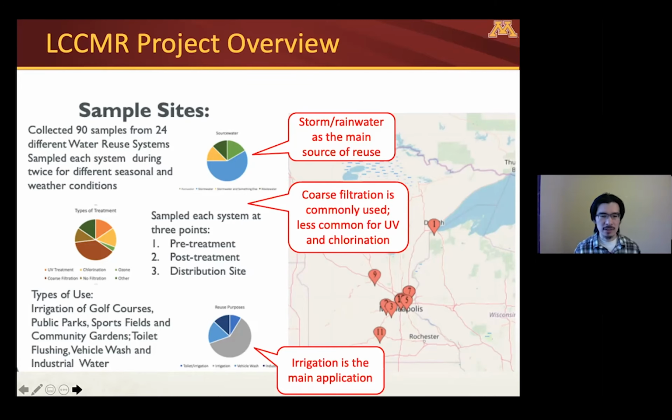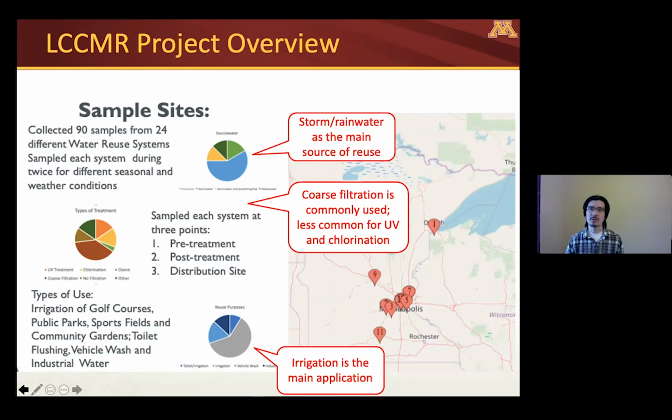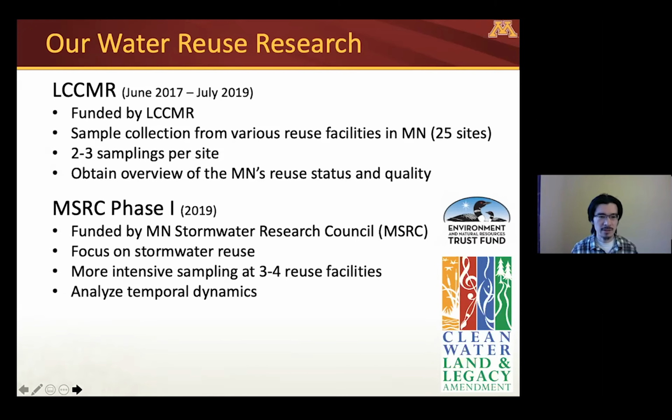So based on this research, we also detected some potential pathogens, but since we only collected 2 to 3 samples per site during the 2-year period, the sampling intensity is not enough. That's why we applied a research proposal to MSRC, and they kindly supported our research.